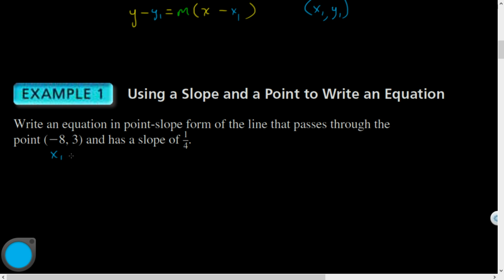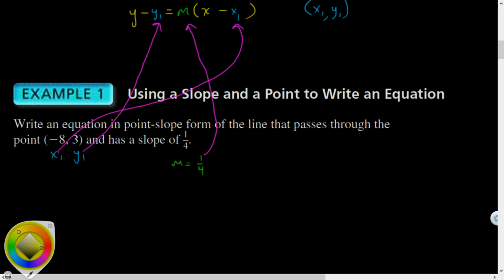So this is my x1, here's my y1, here's my m equals 1/4, and I'm simply going to plug this in up here, and this one in right here, and this one in right there.